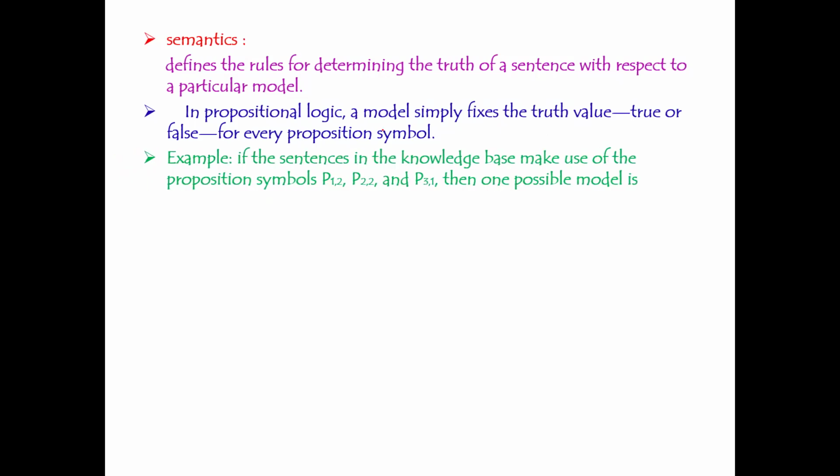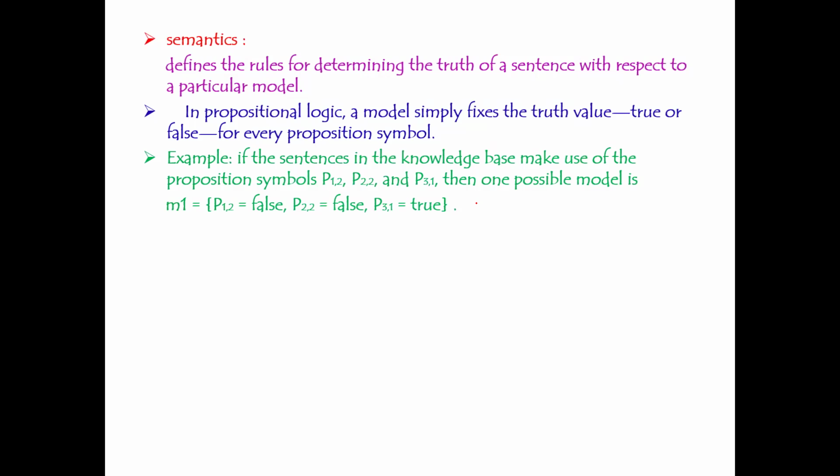For example, suppose the sentences in the knowledge base make use of the proposition symbols P1,2, P2,2, P3,1. Each symbol should hold either a positive value or a negative value. Then one possible model can be P1,2 false, P2,2 false, P3,1 true.